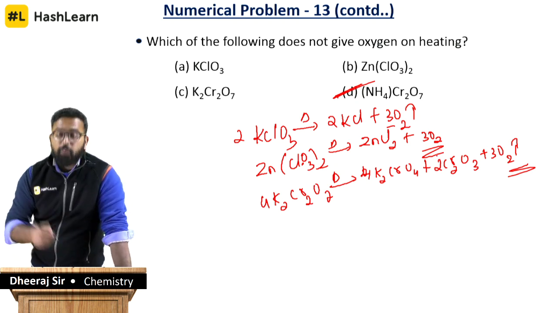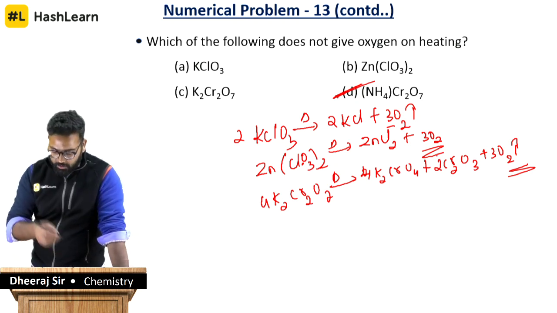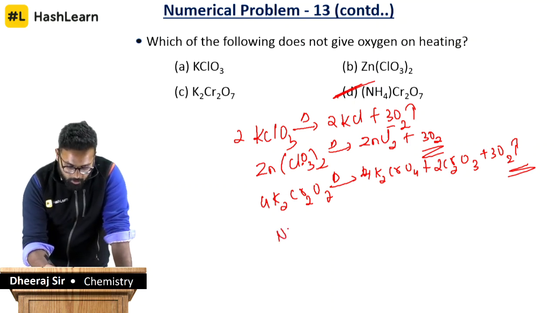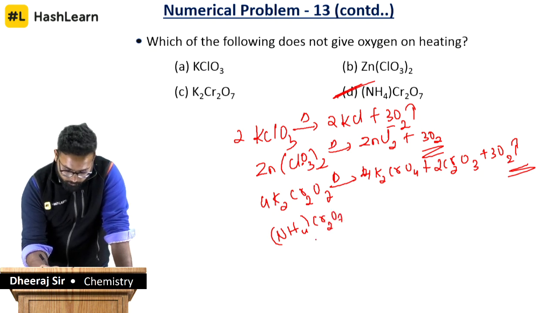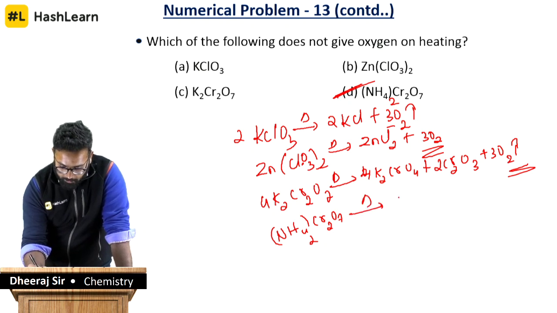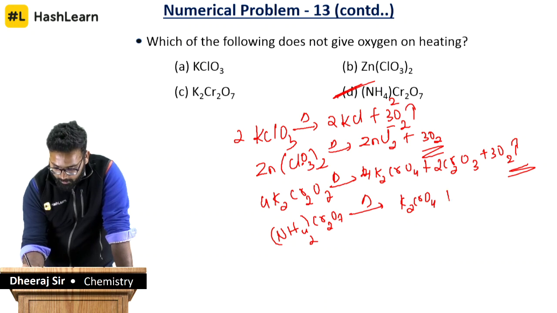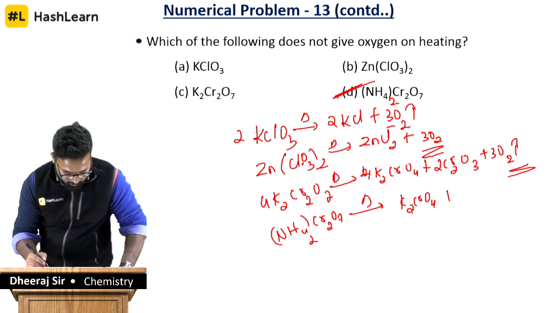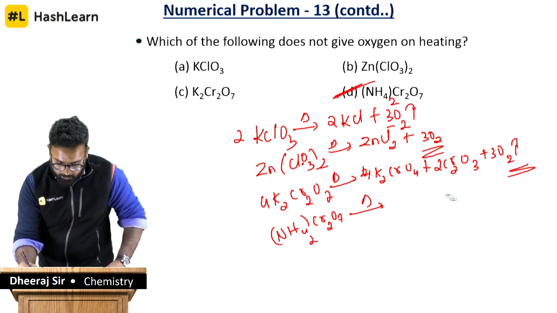Which is that compound which will not give you oxygen? Which is option B, which is ammonium dichromate, because ammonium dichromate ends up giving us, excuse me, it doesn't give us potassium dichromate.